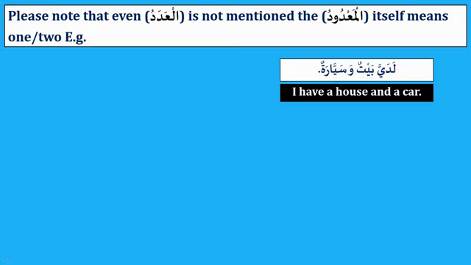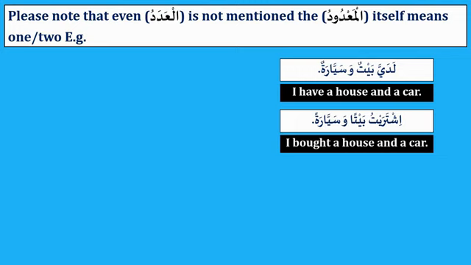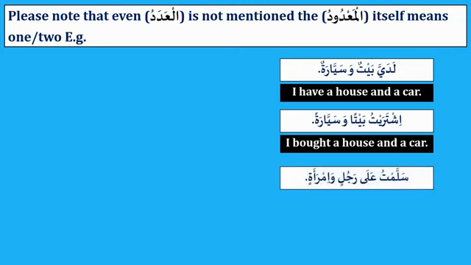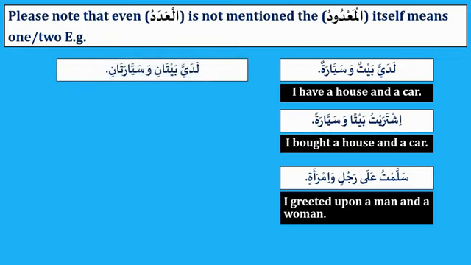This was in nominative case, and in accusative case, اشتريت بيتا وسيارة. I bought a house and a car. And genitive case, سلمت على رجل وامرأة. I greeted a man and a woman. For number 2, لدي بيتان وسيارتان.